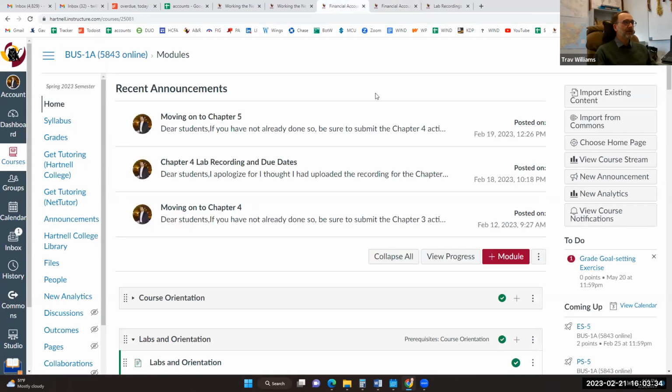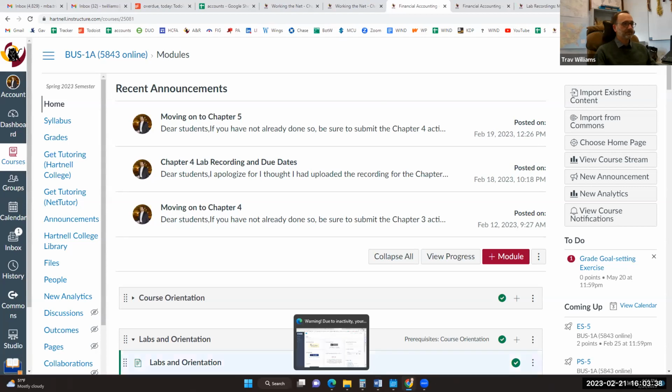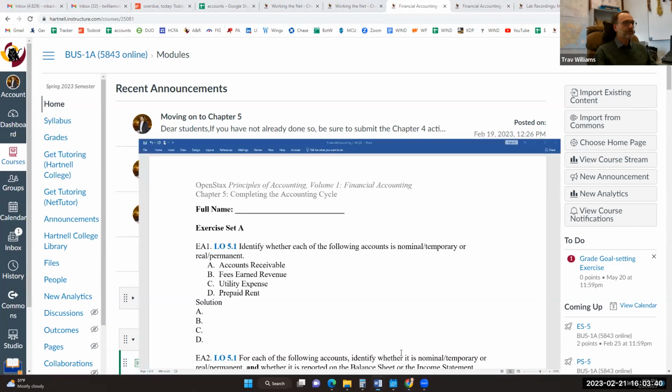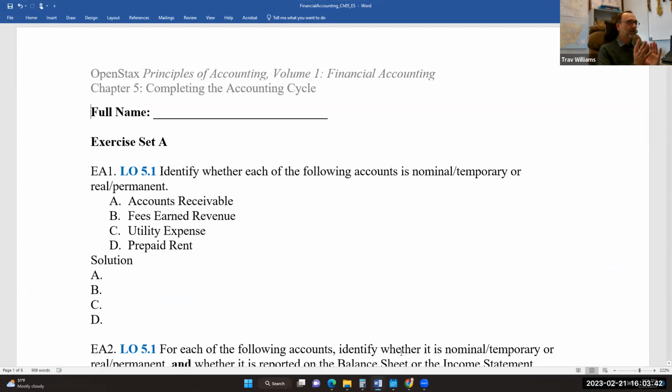Let's go ahead and get started here on chapter 5. In this chapter, we are completing the accounting cycle. We have learned about the first 7 steps in the last 2 chapters.